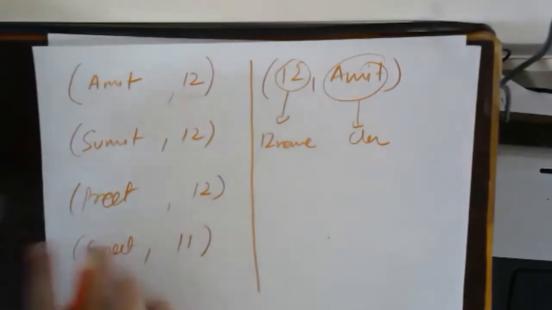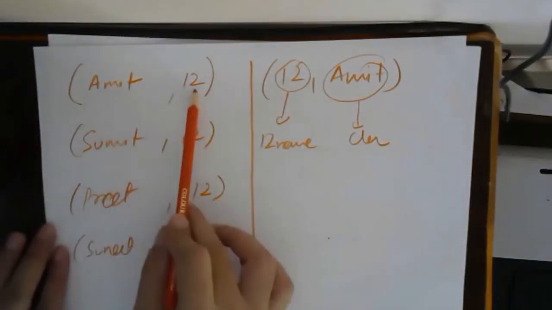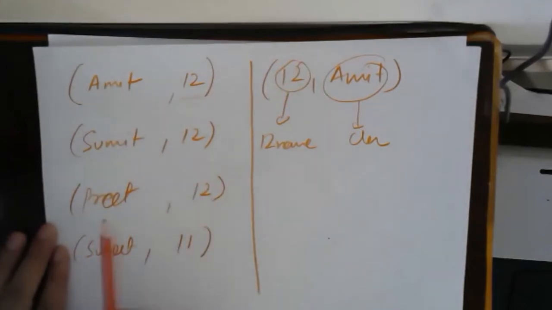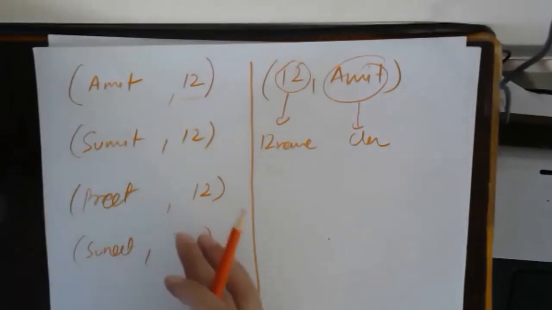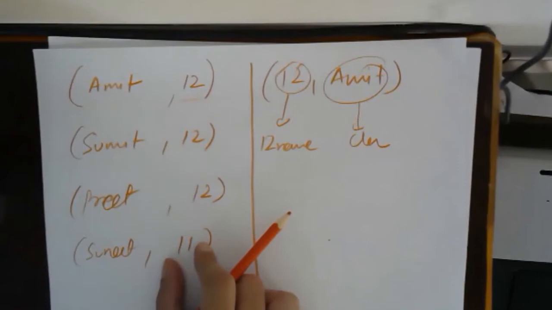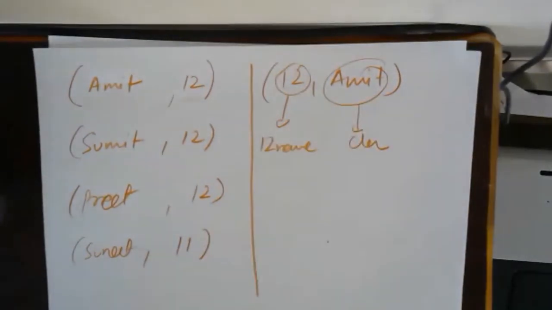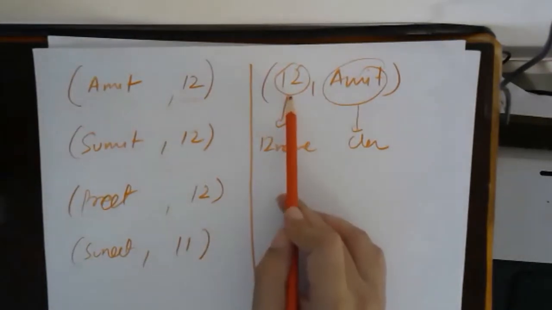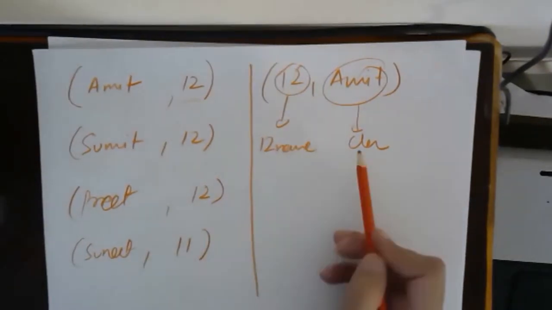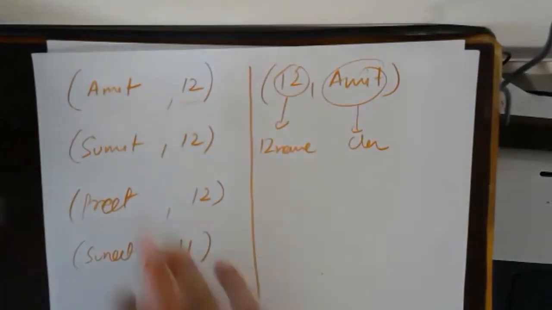Amit was from 12th class, Sumit from 12th class, Preet from 12th class, Suneet from 11th class. If I'm always writing the name first and the class second, and somebody by mistake writes this, then I will read that 12 is the name of the person, and 12 is from Amit class. Everyone understood what I'm trying to say?